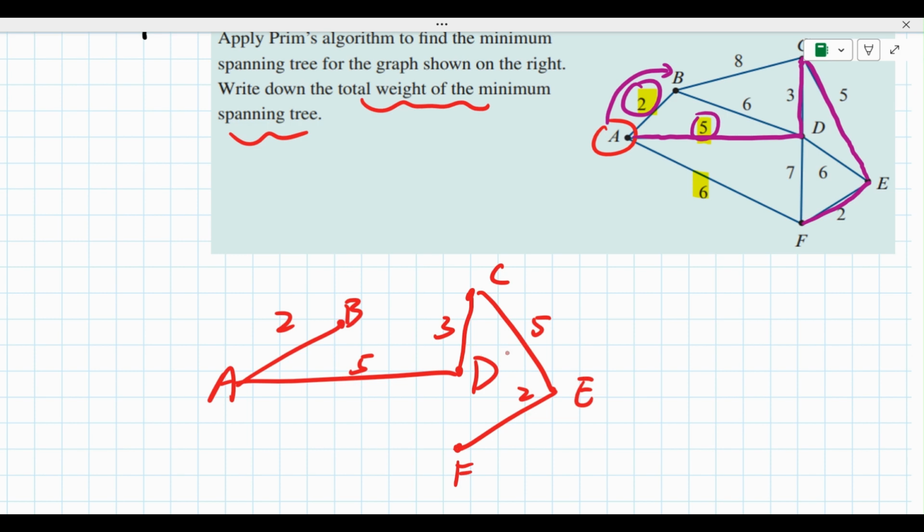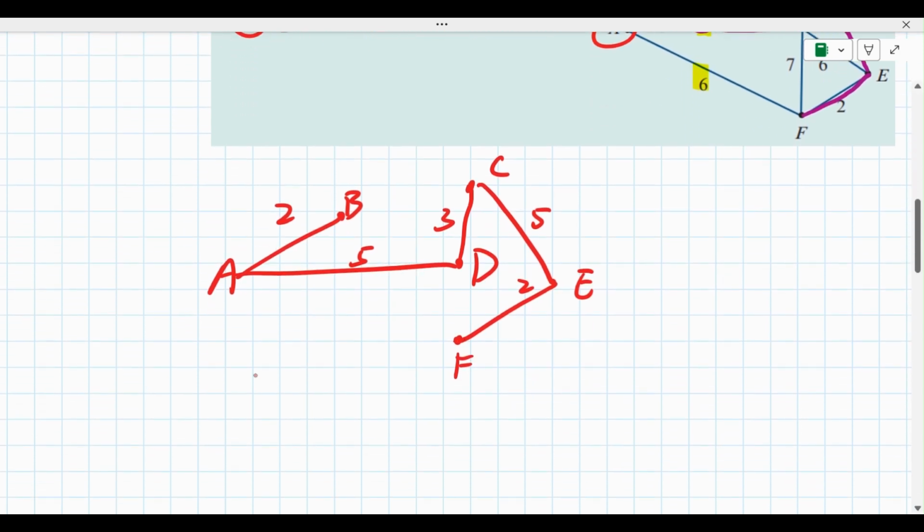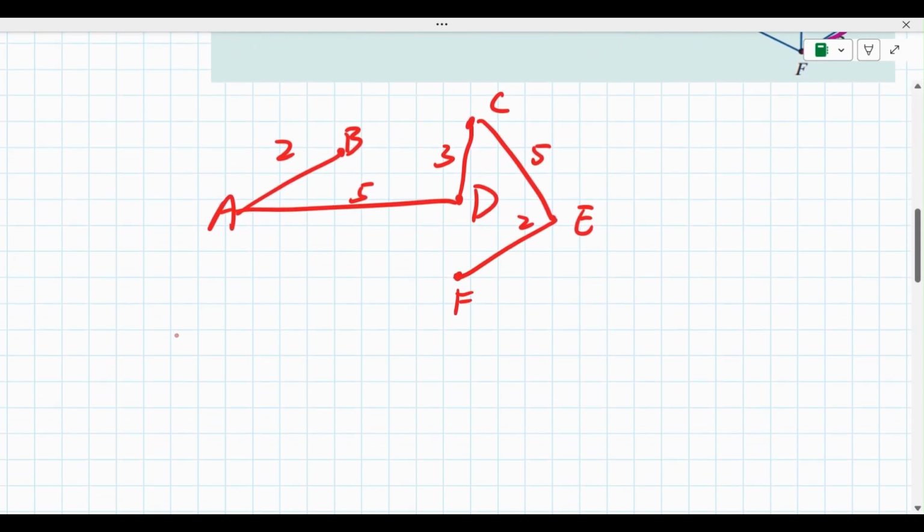The total weight of the minimum spanning tree will be 2 plus 5 plus 3 plus 5 plus 2, which equals 17.